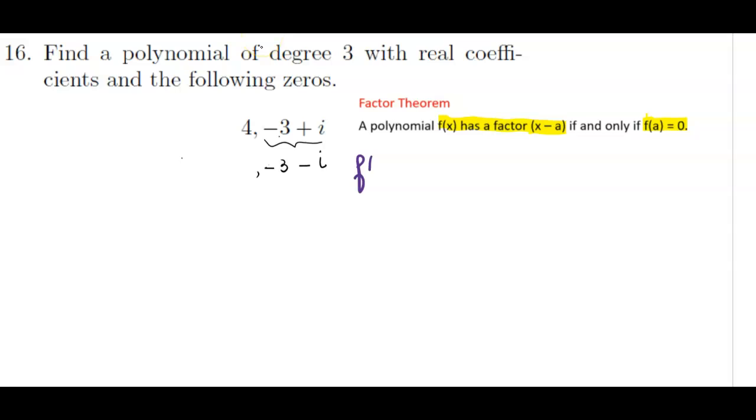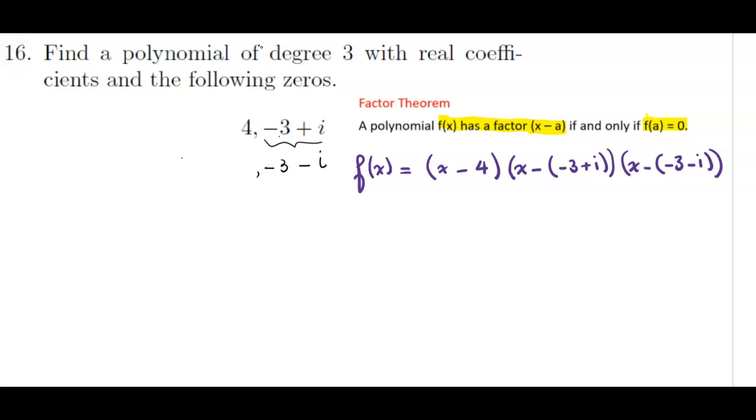So the polynomial that we are looking for, f of x, is going to be equal to x minus 4, where a is 4, times x minus (minus 3 plus i), the first complex zero, times x minus the second complex zero, which is minus 3 minus i. This is going to be your polynomial. So this was actually the easy part. The hard part, I think, is to multiply everything together.